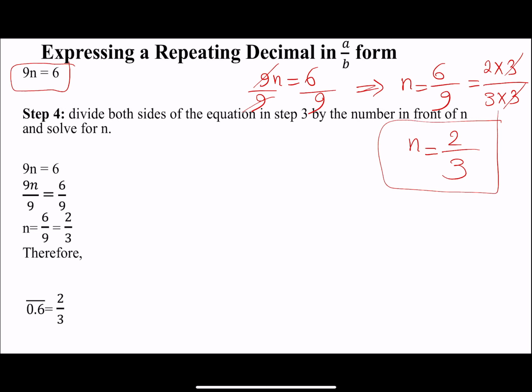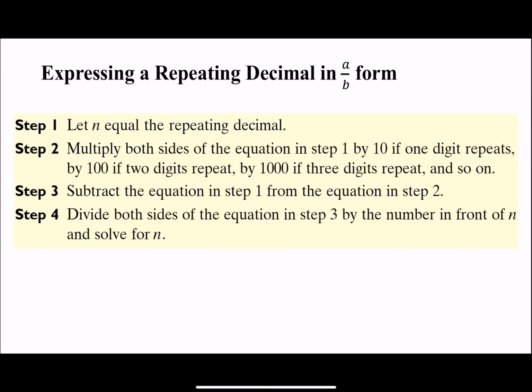Okay, so you had a repeating decimal. You changed that into a ratio, into a over b form, right? Here we go. So these are the steps that we follow. Step 1, let n equal the repeating decimal.